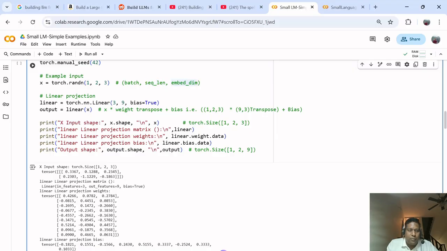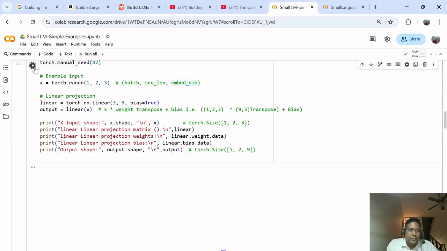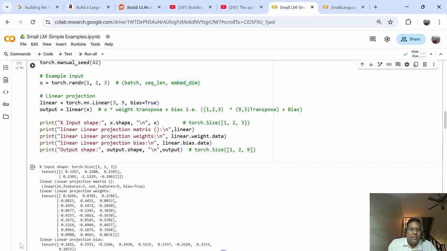So here is the example. When I run it, you can see the input is 2 tokens, and each token has 3 dimensions, right? And now I'm initiating a linear projection layer, which is 3 by 9, right?